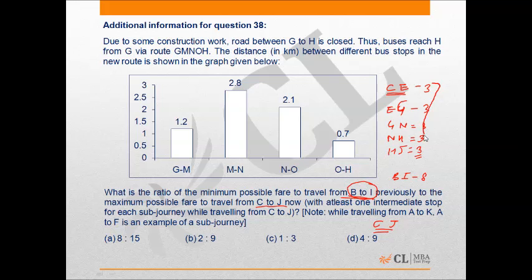So this is the maximum amount that one has to pay in order to travel from C to J now as per the given route. So the required ratio will be rupees 8 to that of 15, which is option A.